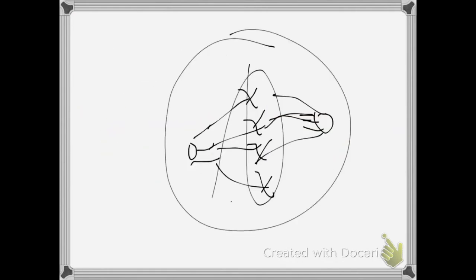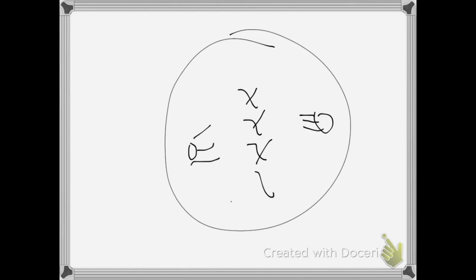And in this case, if I'm looking at this, I'll say this is chromosome 1 from mom, and this is chromosome 1 from dad. So each of these chromosomes have been replicated to have two sister chromatids. This is chromosome 1 from mom, this is chromosome 1 from dad, they replicate.